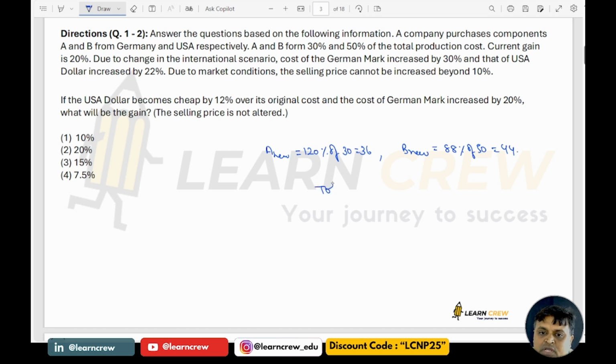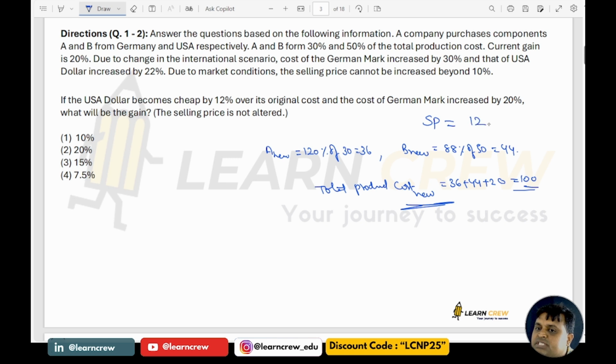Thereby total production cost new would be 36 plus 44 plus 20, which is 100. And selling price is not altered. This is the total production cost new when there are changes in the cost prices of components A and B, and it is known that the gain is 20%.